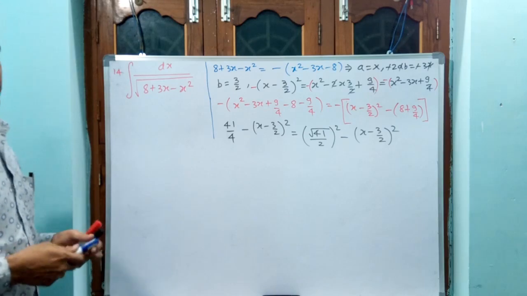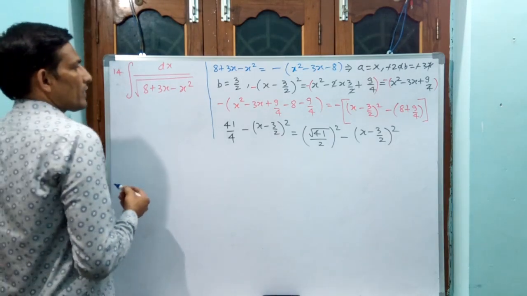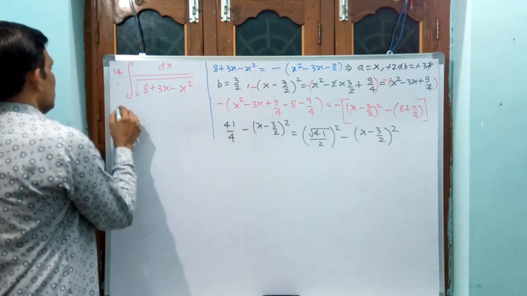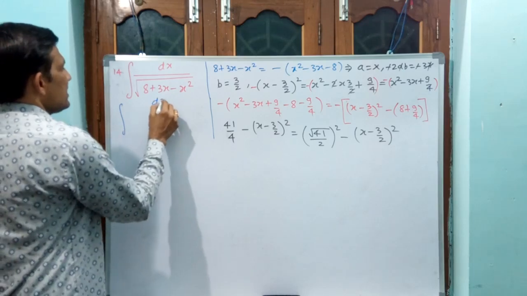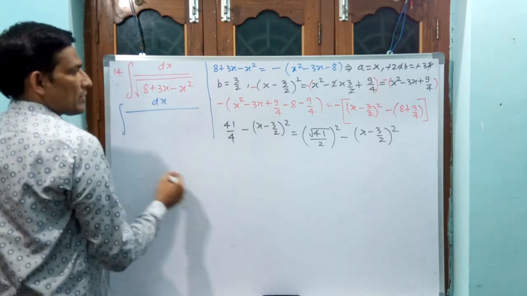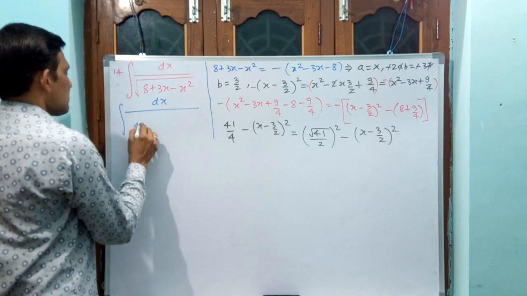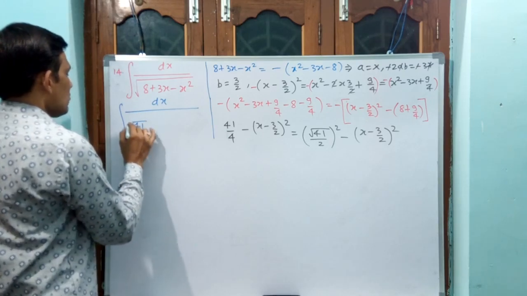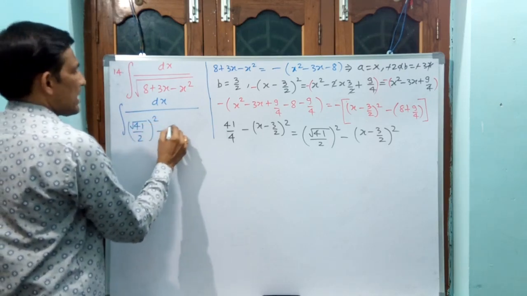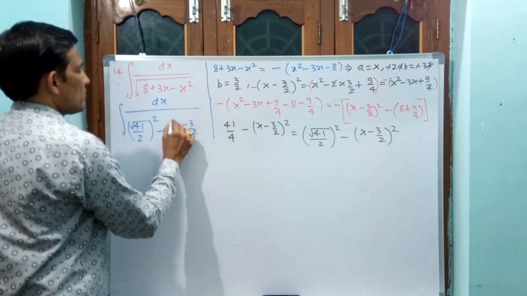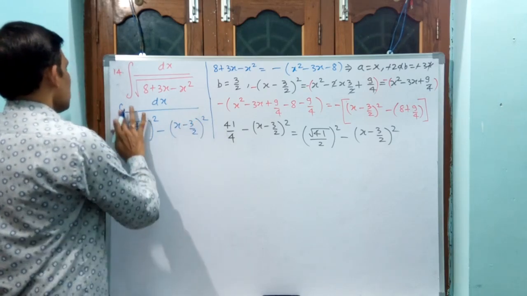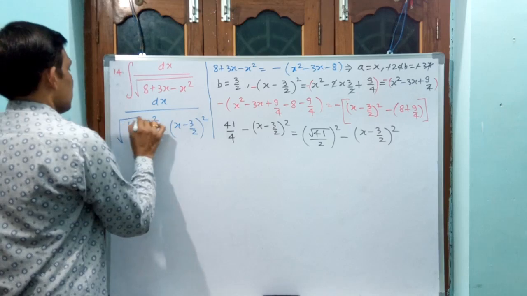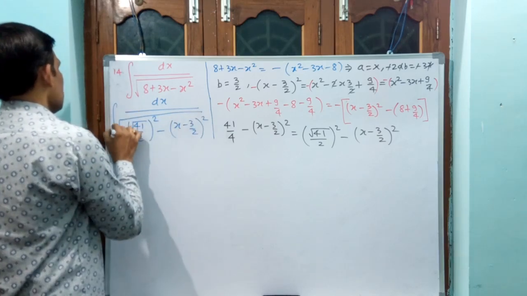See how I am converting this. Integral dx by root of root 41 by 2 whole square minus x minus 3 by 2 whole square. This is all under root, integral.